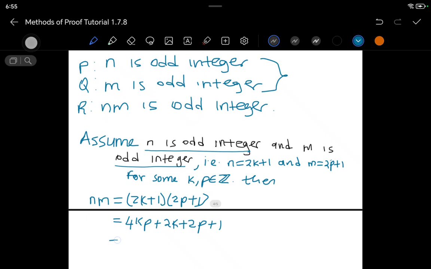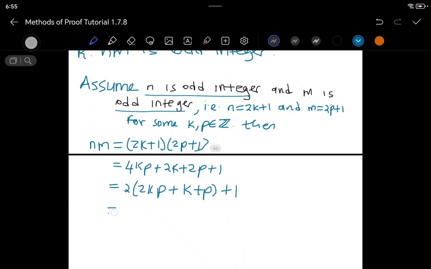Then I factor out the 2: 2kp plus k plus p. Then I add my 1 there. Then I replace that by something. I can replace it by 2r plus 1, where r is equal to 2kp plus k plus p, which is an element of an integer.